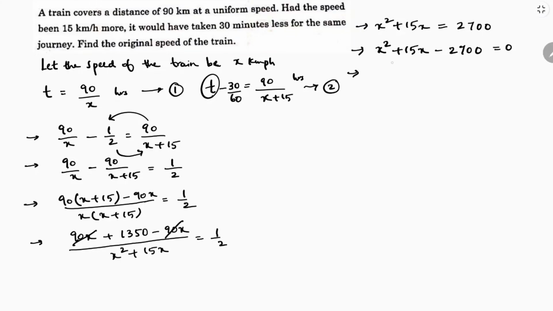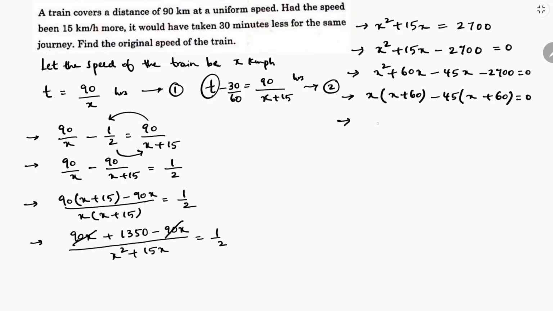Now I need plus 15, so x square plus 60x minus 45x minus 2700 equals 0. In the first two terms, if we take x common, x plus 60, and from minus 45, if we take common, x plus 60. Now taking x plus 60 common, I'm left with x minus 45.